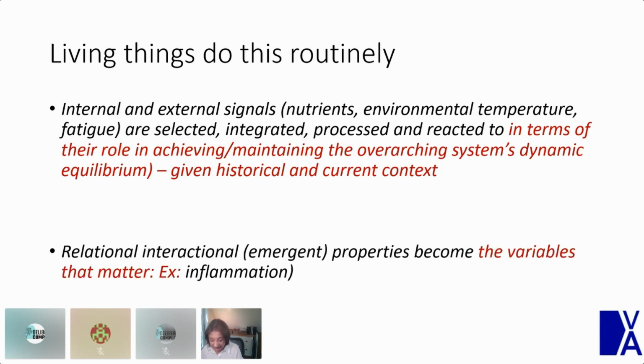So what is very curious is that the emergent properties of the ecosystem become the variables that matter. For example, in the case of the human organism, the organism will process a lot of these internal and external signals with a view towards, does this warrant inflammation or not?